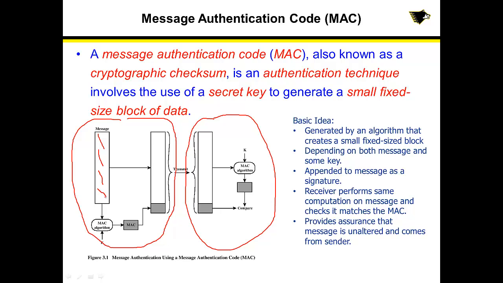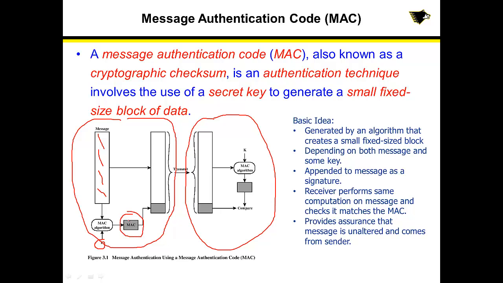Before you send this message, you send it to some MAC algorithm. The algorithm also uses the secret key, K here. Then this MAC algorithm uses the message and secret key K as input and creates a value called the MAC value.